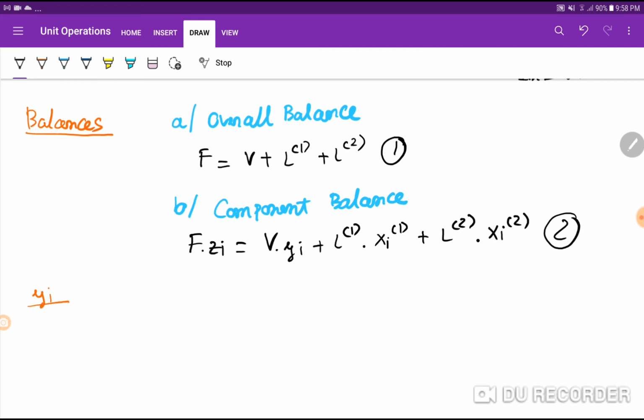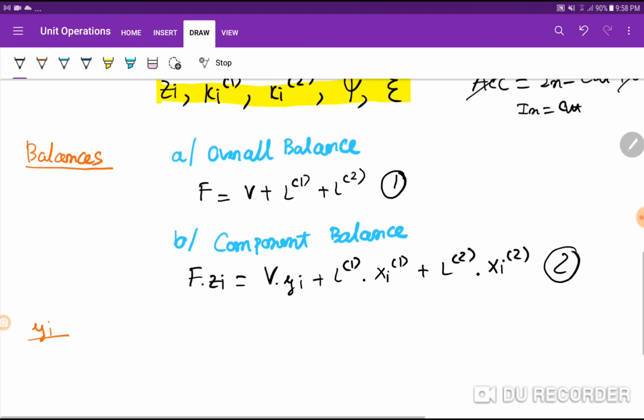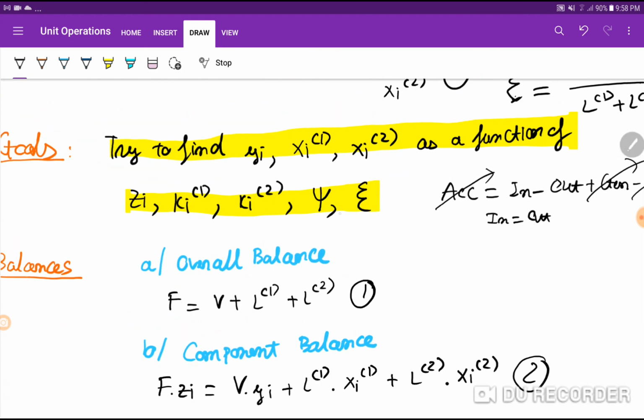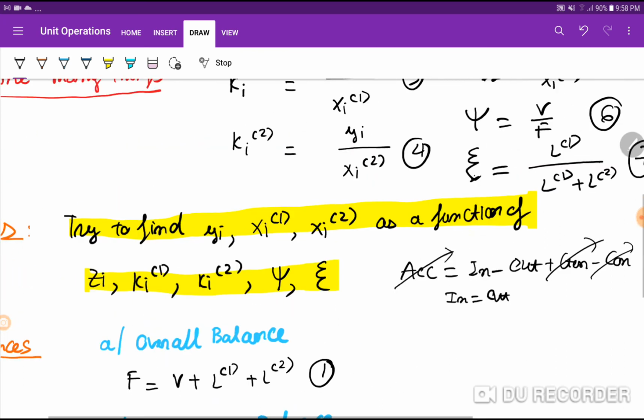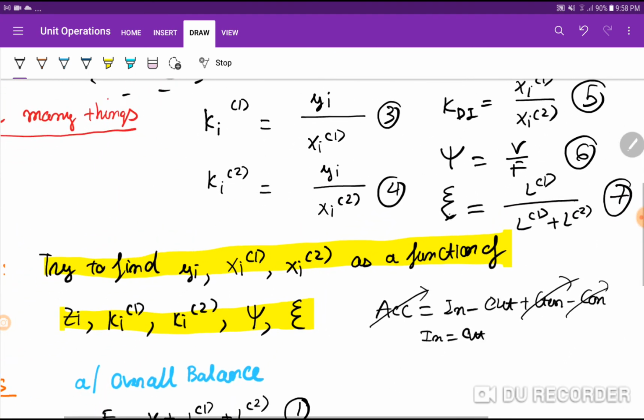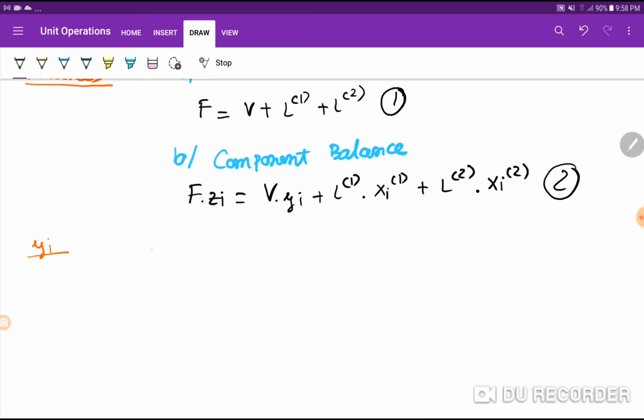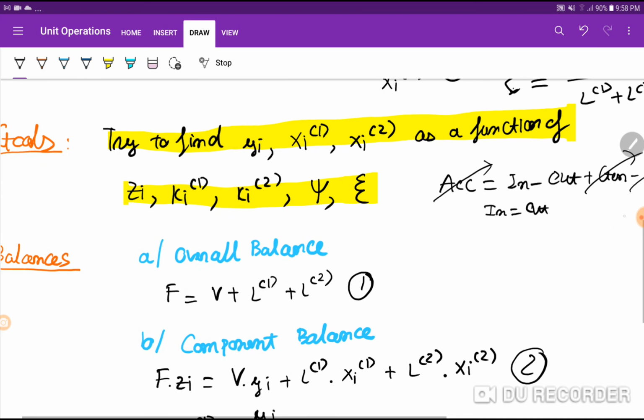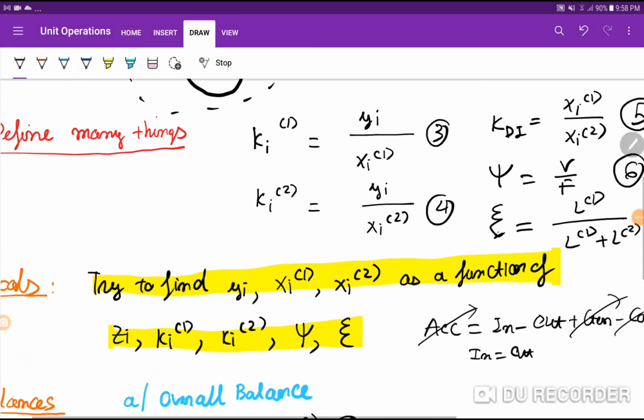So at first you're gonna have to calculate xi1 and xi2 as a function of whatever is specified right here, and yi. So from 3 you have xi1 equal to yi over Ki1.